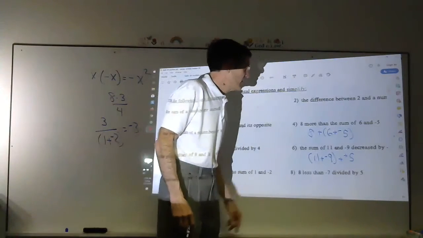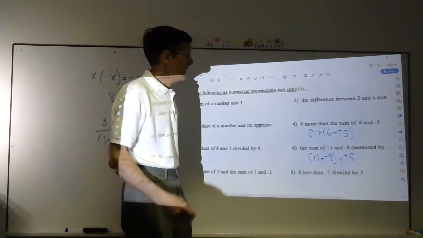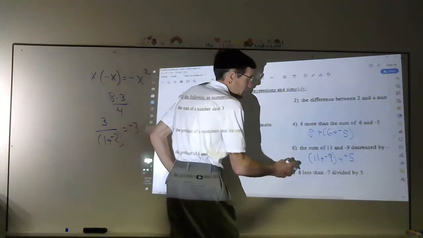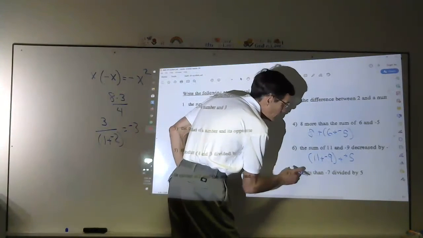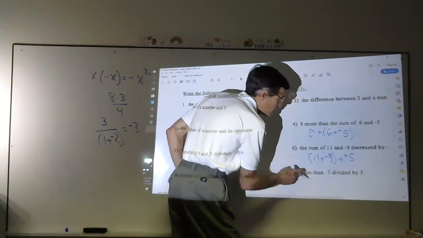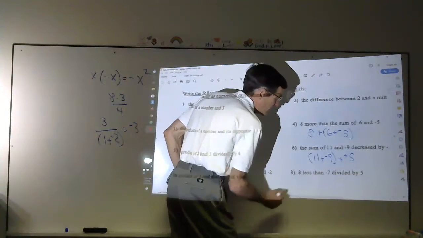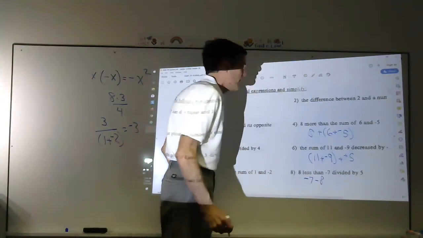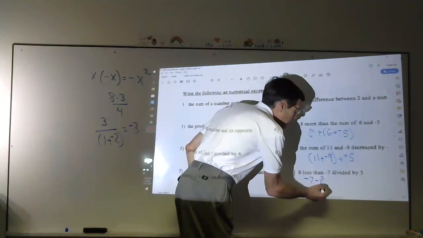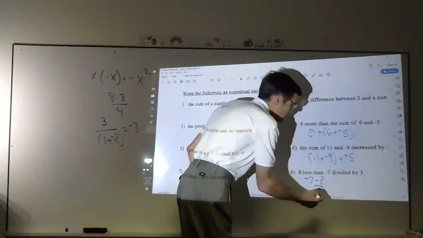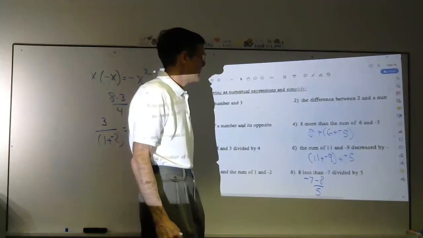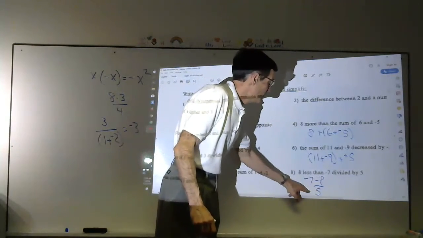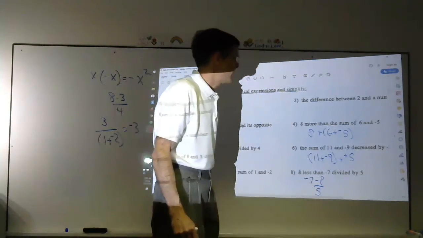Eight less than negative 7, and then divided by 5. If you take 8 less than, you must take 8 off of negative 7. So I want negative 7. I'm going to take 8 off of it. Then I am dividing by 5. So 8 less than negative 7 divided by 5. This is negative 15 divided by 5, which is negative 3.